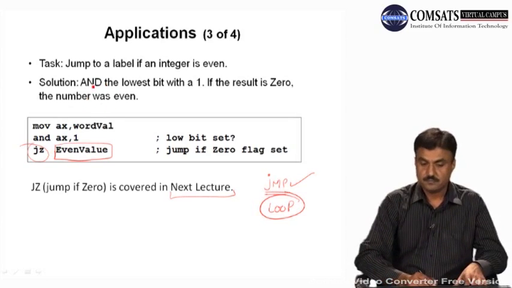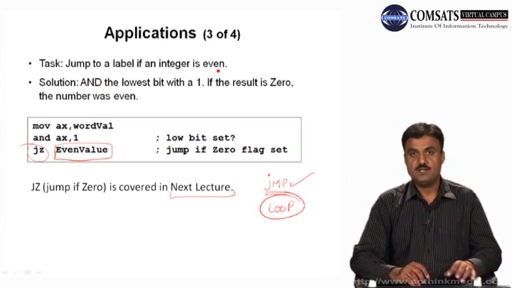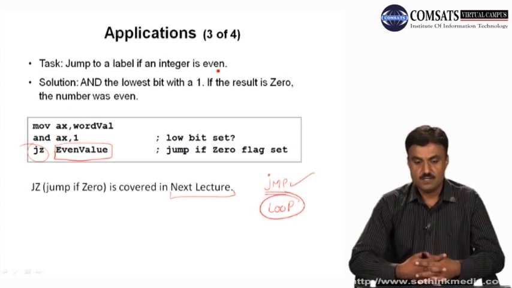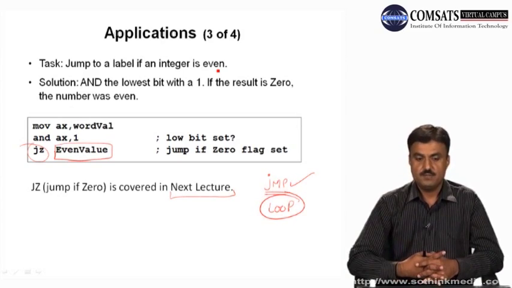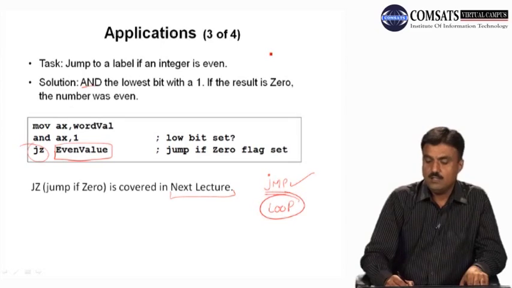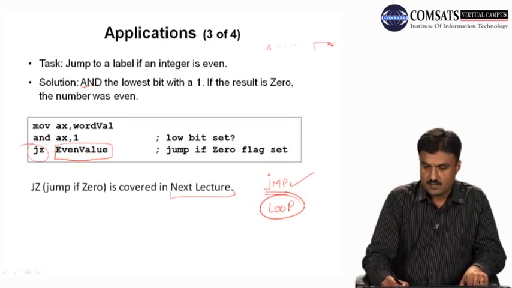So we want to write an application that jumps to the label if an integer is even. How can we know whether an integer is even or odd? The solution is to perform an AND operation. Whatever the integer is, look at the last bit, bit number 0, and then bits 1, 2, 3, 4, 5 up to 7.